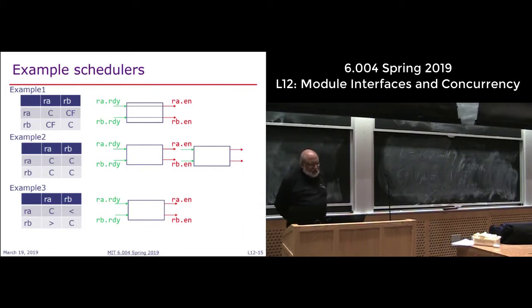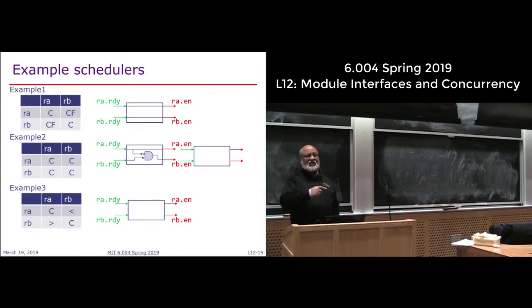But example 2 is where we have conflicts. So when we have a conflict, in this case, RA can be connected to RA enable. But if we do that, then we cannot execute RB because it conflicts with it. So we'll have to take a note of that. Say, don't do it. So what this is making sure is if RA goes, then RB will not go. On the other hand, if RA doesn't go and RB is ready, then RB can go.